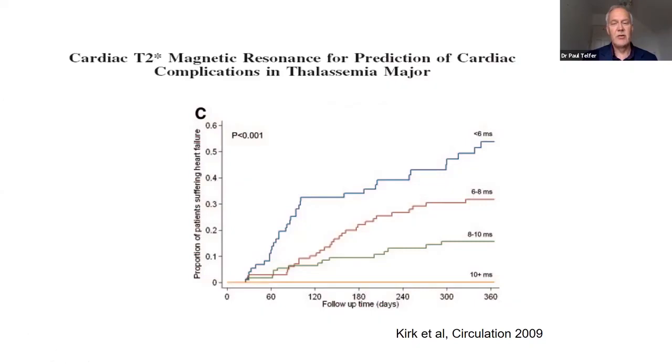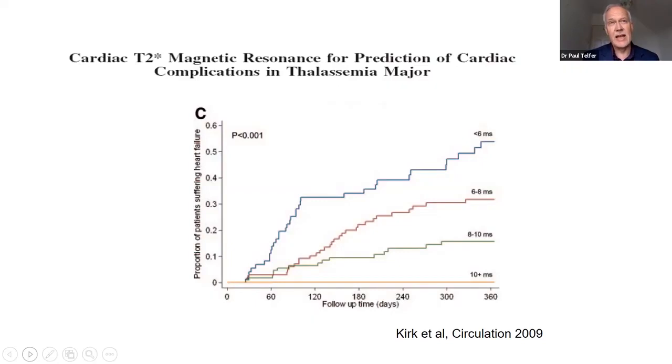And certainly below 6, there is a substantial risk over the subsequent year of developing arrhythmias, cardiac failure, or death. So a level of below 6 milliseconds is really very worrying and an indicator of the need to modify iron chelation urgently.